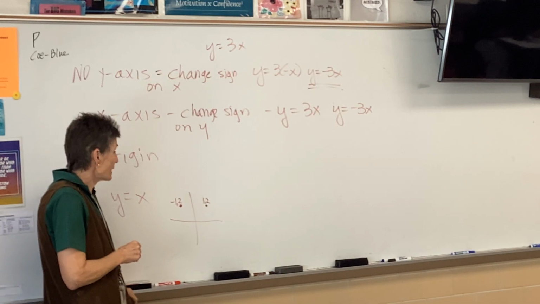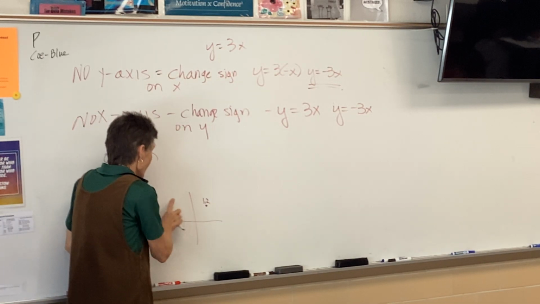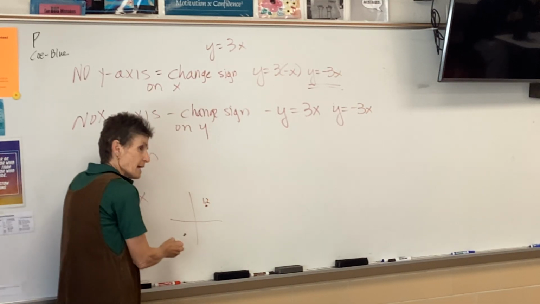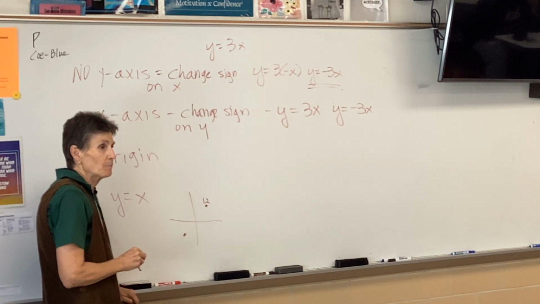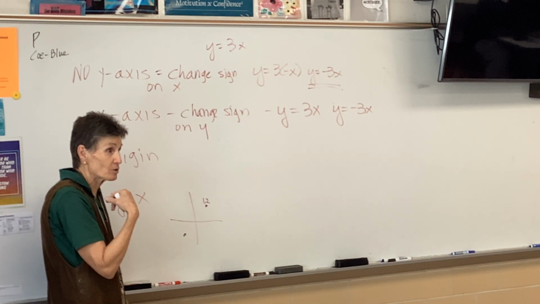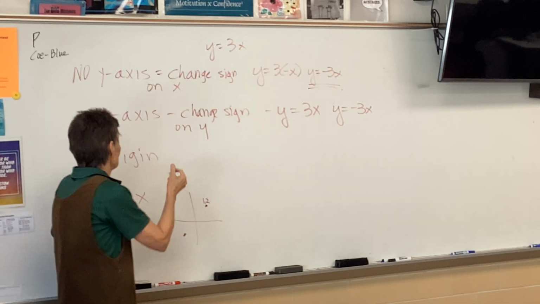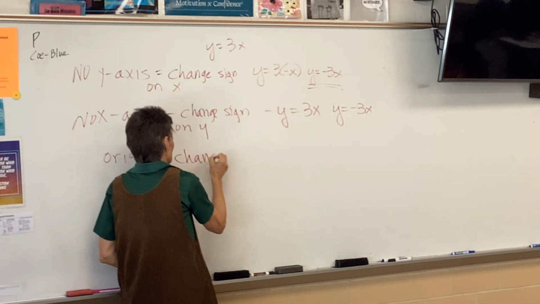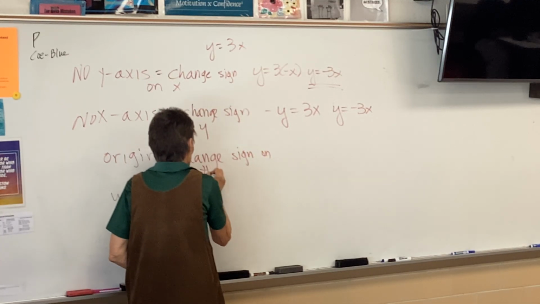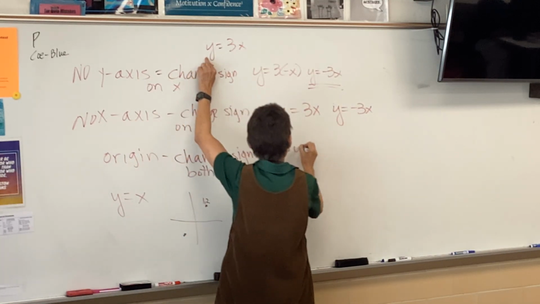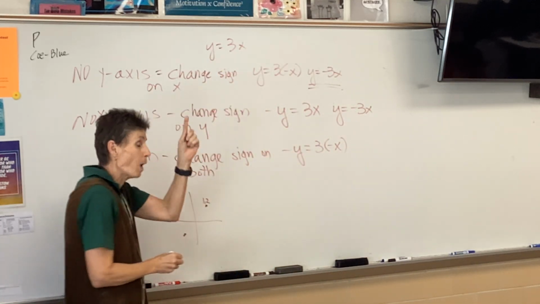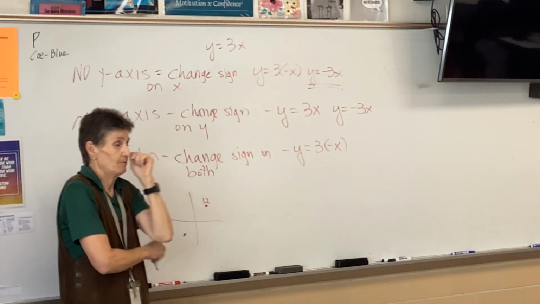Any idea how we test for symmetry about the origin? What would happen to this point if I popped it down here across the origin? What would that point be? (-1, -2), so I'm going to change the sign on both. So back to my original equation, that's going to look like this. I change the sign, make y negative, make x negative.